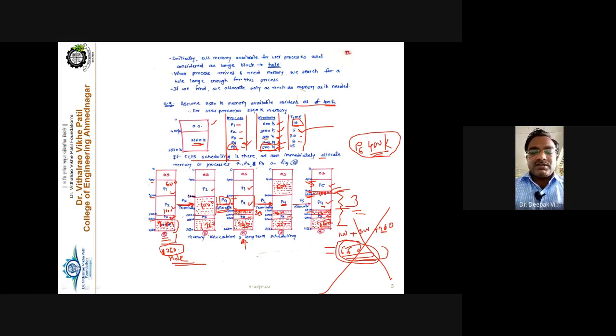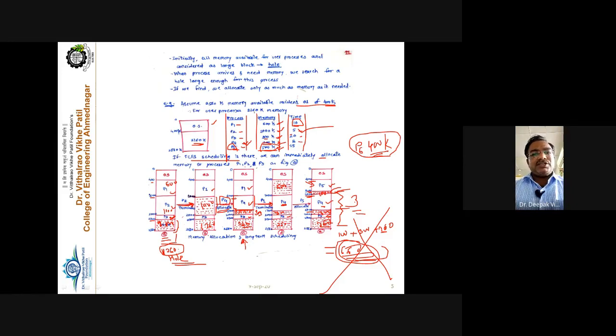Though together their size is very big, it is not in a single block. That is nothing but wastage, and this phenomenon is called external memory fragmentation. It means though memory is available, it is not useful for any process.